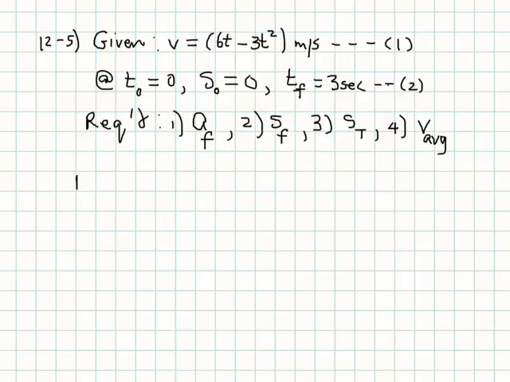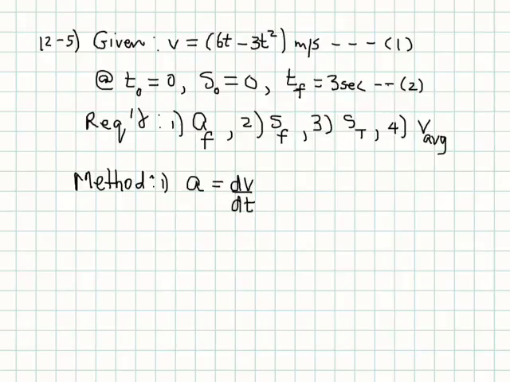So the method, since we have several things to calculate here, we want to make sure that we understand which equations we'll be using. Specifically, v is a function of time, and for part 1, to find acceleration, everybody remembers the expression a is equal to dv dt.